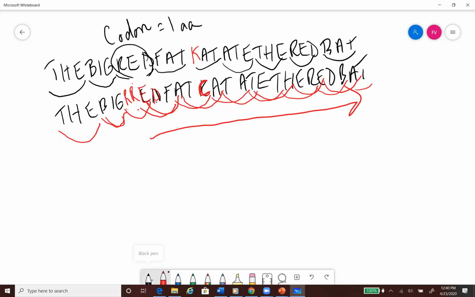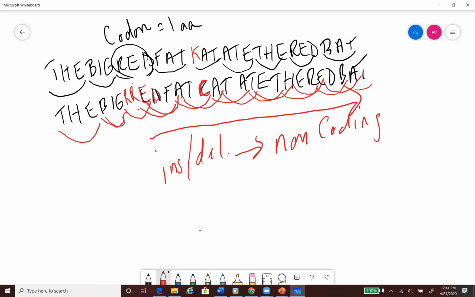Now, do you think this is going to be A, have no effect, or B, have an effect? What do you think? Yeah, this is definitely going to have an effect, right? So frame shifts, like insertions and deletions, are really, really bad, except in the non-coding section. Now, when you look at the viral genome, did you notice that some viruses had insertions and deletions that looked like chunks were missing?